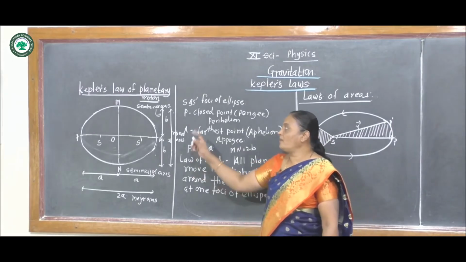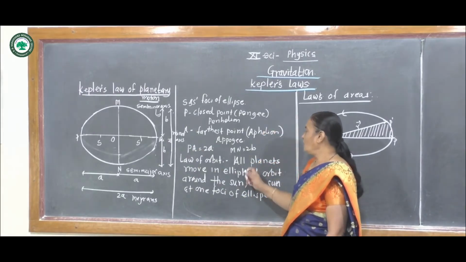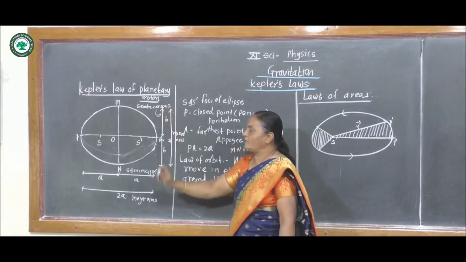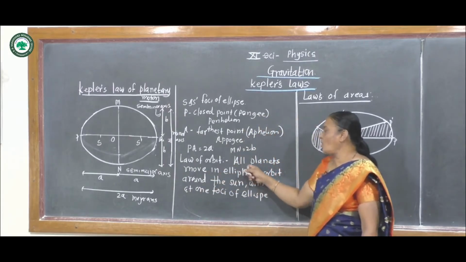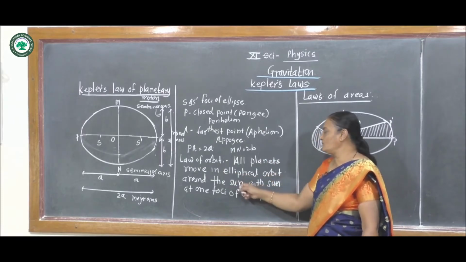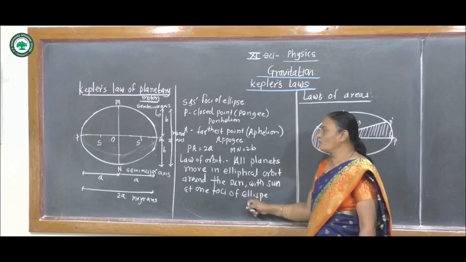Now see Kepler's first law, the law of orbit, which is Kepler's law of planetary motion. The law of orbit says all planets move in elliptical orbits around the sun, with the sun at one focus of the ellipse.